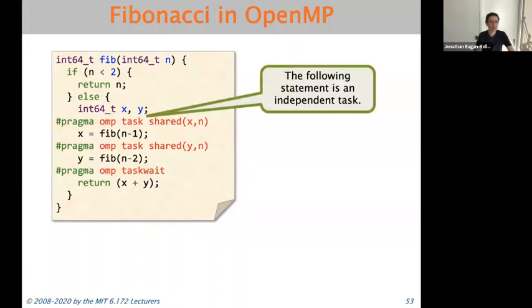What they mean successively is pragma omp says we're making OpenMP directives, so that they should be interpreted as such. The task command means that the following statement is an independent task. So this function call, instead of blocking until it returns, could be run on a separate thread, run as a separate task.